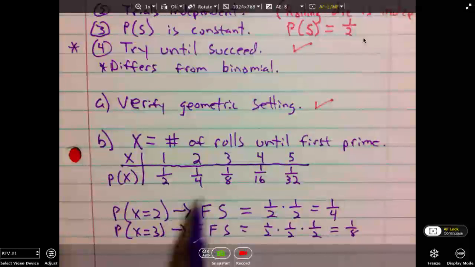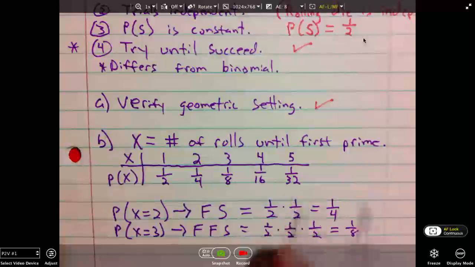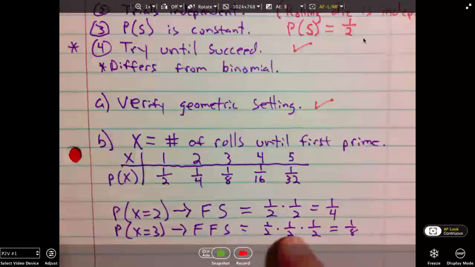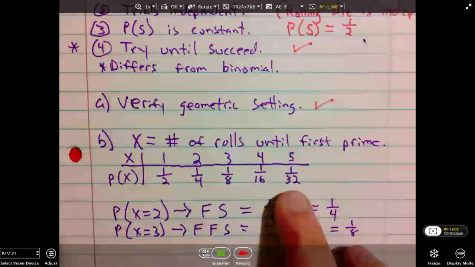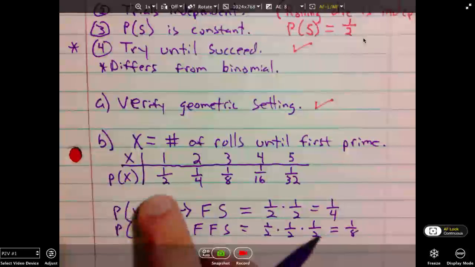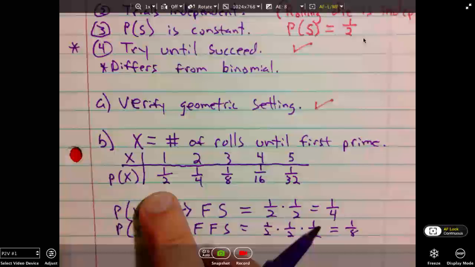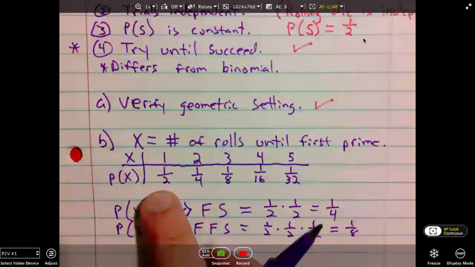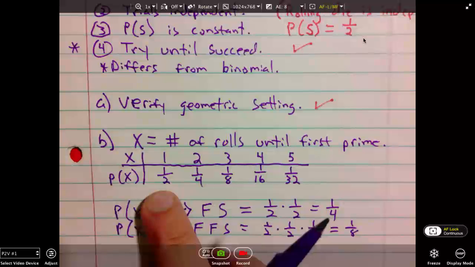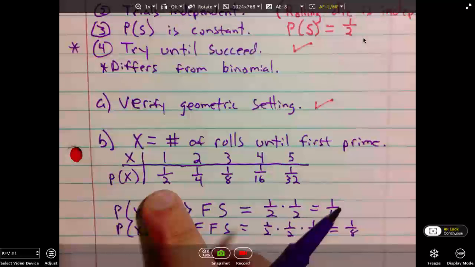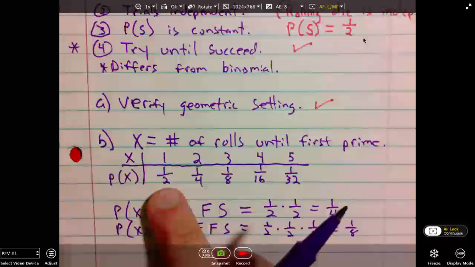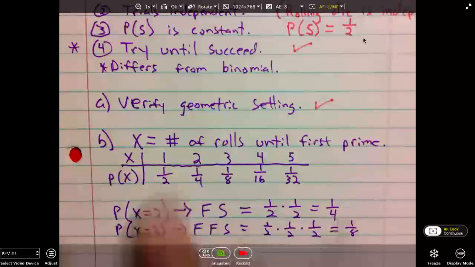So all of these successive rolls will be products of numbers less than 1. Therefore, it's always going to be decreasing. No matter what your likelihood of success is, your most likely first success is the very first roll. Will it be likely that it's the first roll? Well, that'll depend on what the probability of success is, but it is the most likely single success.